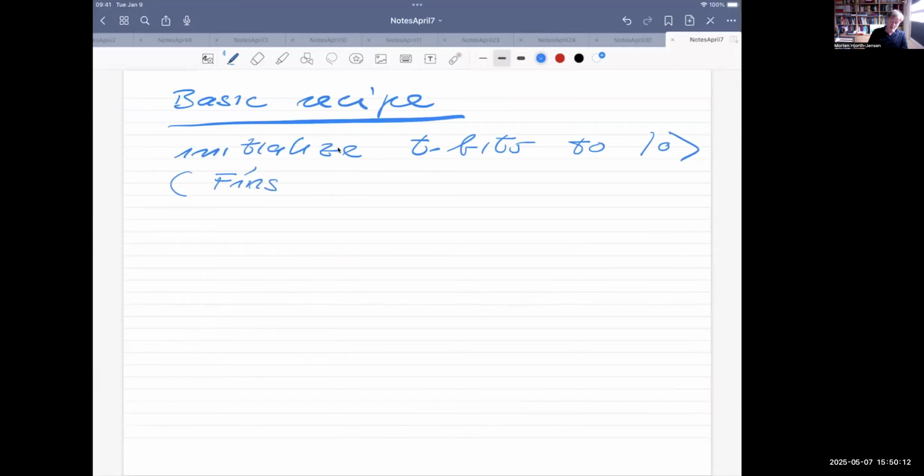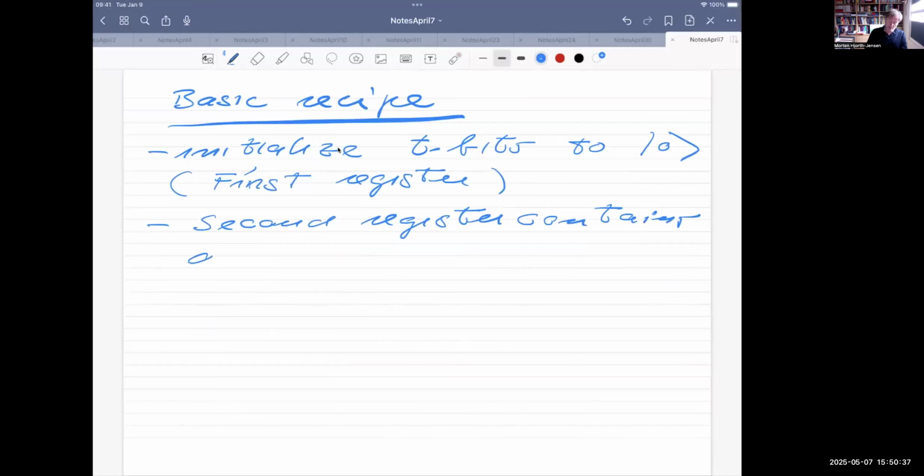Then the second register contains all the bits which are needed to define the state we actually want, the eigenstate which we want to reach.